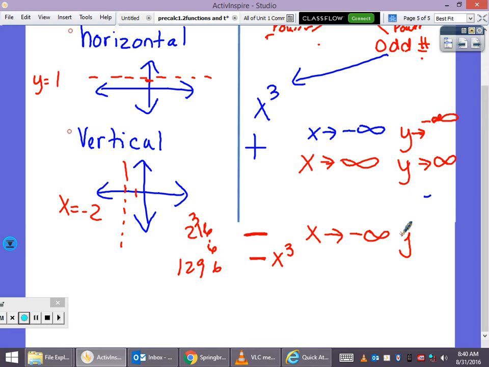So y would become positive infinity. As x goes to infinity, a positive number, we'll go with 6 because somebody's obsessed with 6 in here. 6 to the third power is 216, and then when I multiply it by a negative 1, it is negative infinity. And that, ladies and gentlemen, is all of the notes we need.